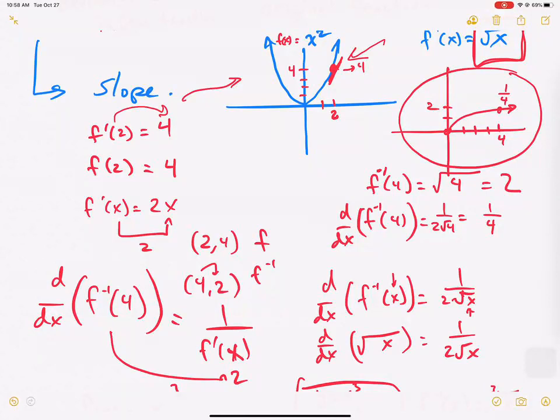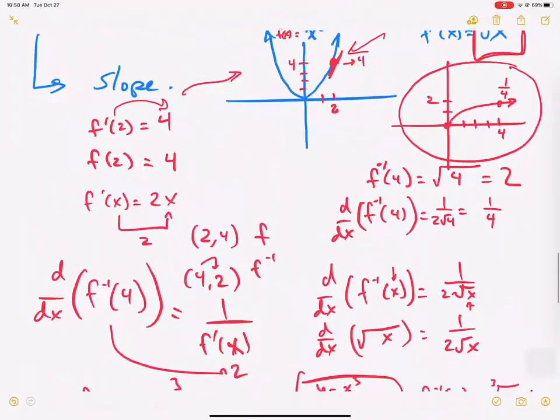Let me do this one more time. The derivative of your inverse, they're going to give you an x value, right? But that x value is really a y value. This is really the y value in the real world. See, that's really our 4 over here. So we plug in our 2 to find the derivative in the real world. If I'm looking for the derivative at 4, I'm really looking for the derivative at 2.